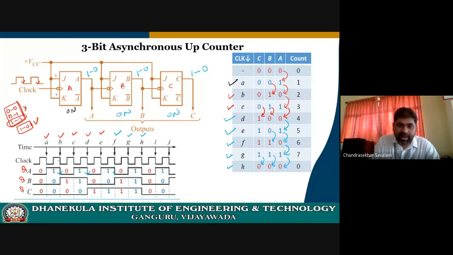Whenever QA transitions from 1 to 0, QB changes its state from 0 to 1. Again here from 1 to 0, again from 0 to 1, again from 1 to 0, because QA is the clock for QB.